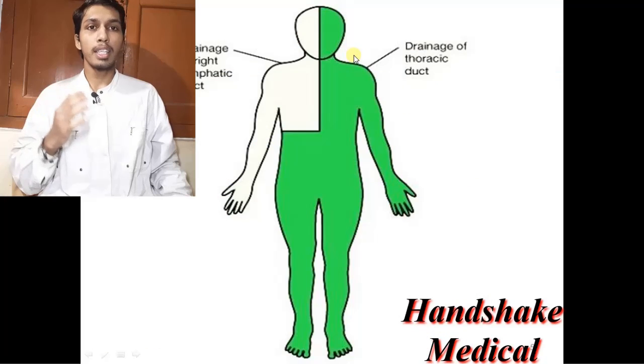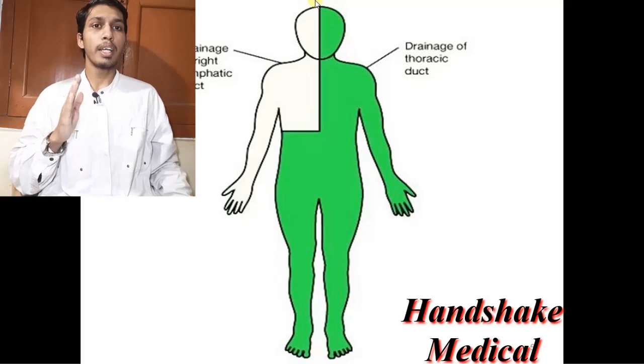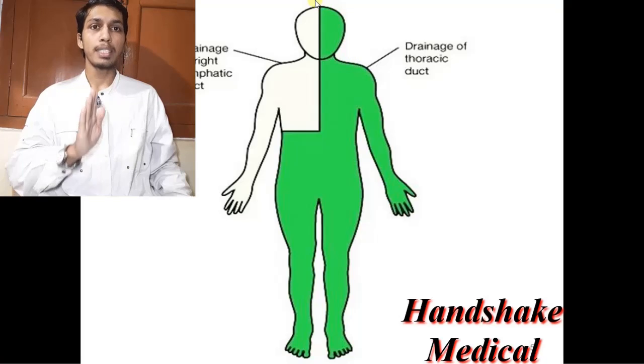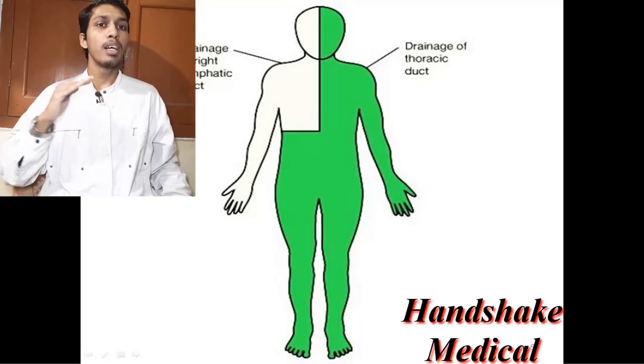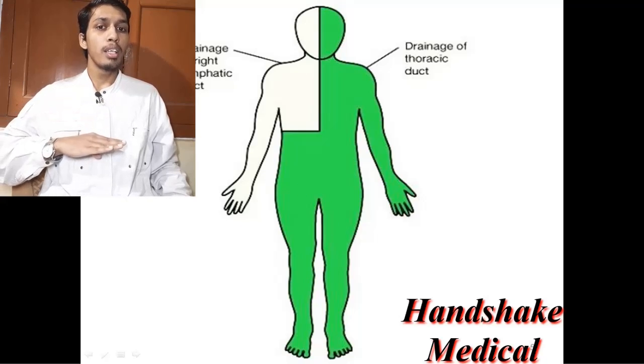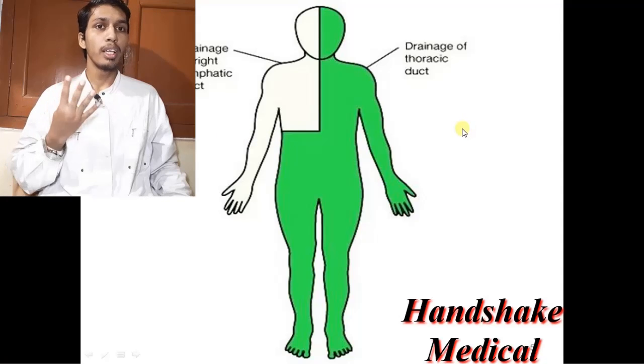We have already studied in the anatomical divisions of the body that a vertical imaginary line passing from the mid of the body divides the body into two equal half parts, and another horizontal imaginary line. Now the body is divided into four quadrants.